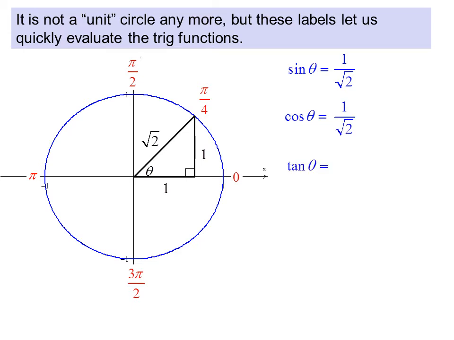Tangent theta equals 1. Secant theta equals 1 over cosine, which is just radical 2. Cosecant theta equals 1 over sine, which is radical 2. And cotangent theta is 1 over tangent theta, or 1.